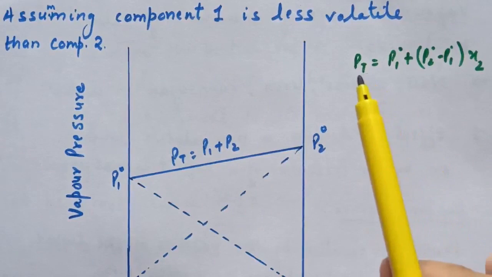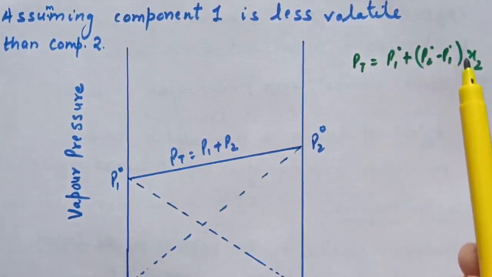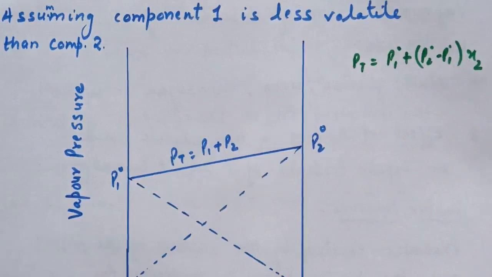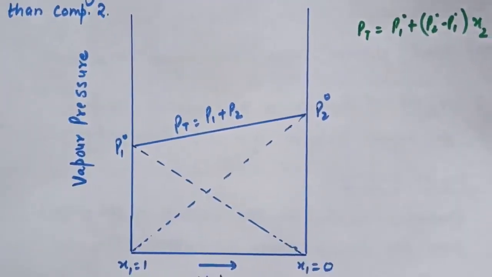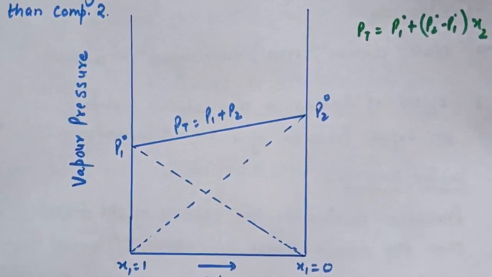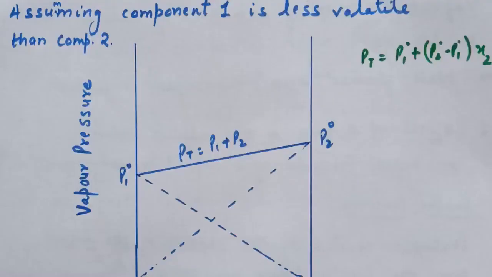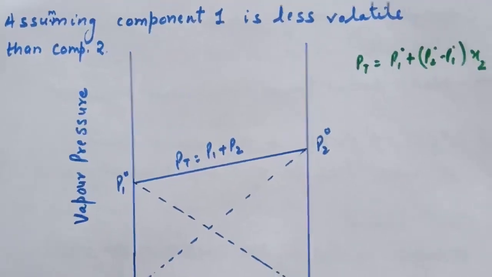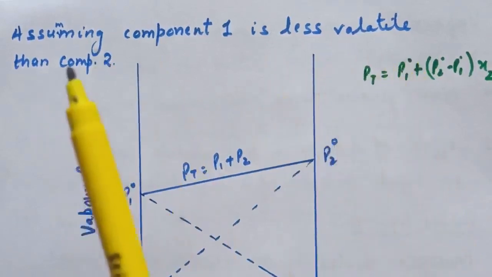So this is the equation for P total, equal to P1 naught plus P2 naught minus P1 naught into x2. Now we will plot a curve between vapor pressure and mole fraction of these two components, component 1 and 2. In this plot we are assuming that component 1 is less volatile than component 2.